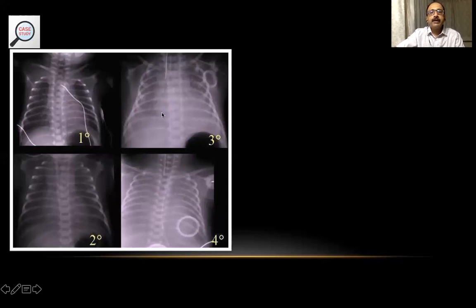So the point here is low volume lungs, air bronchogram, diffuse bilateral homogeneous reticular granular pattern, which shifts over to diffuse homogeneous whiteout lung suggestive of severe RDS.